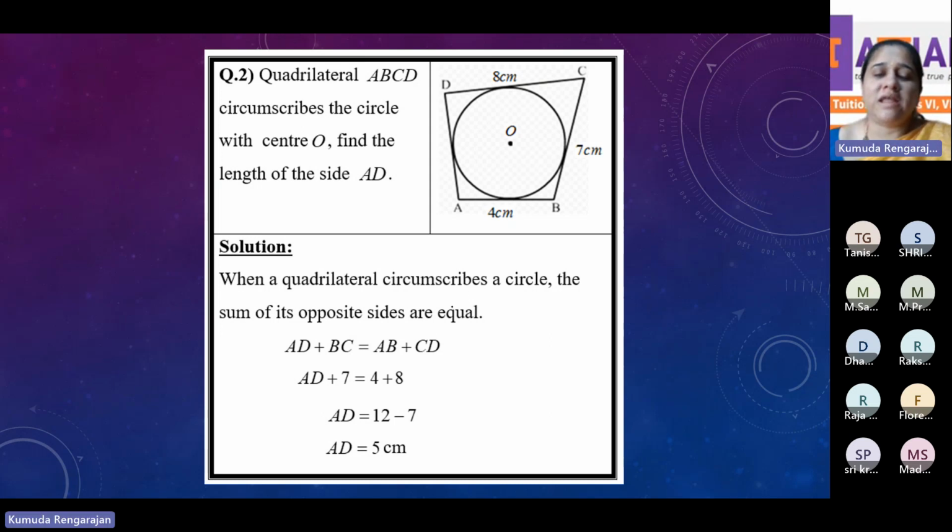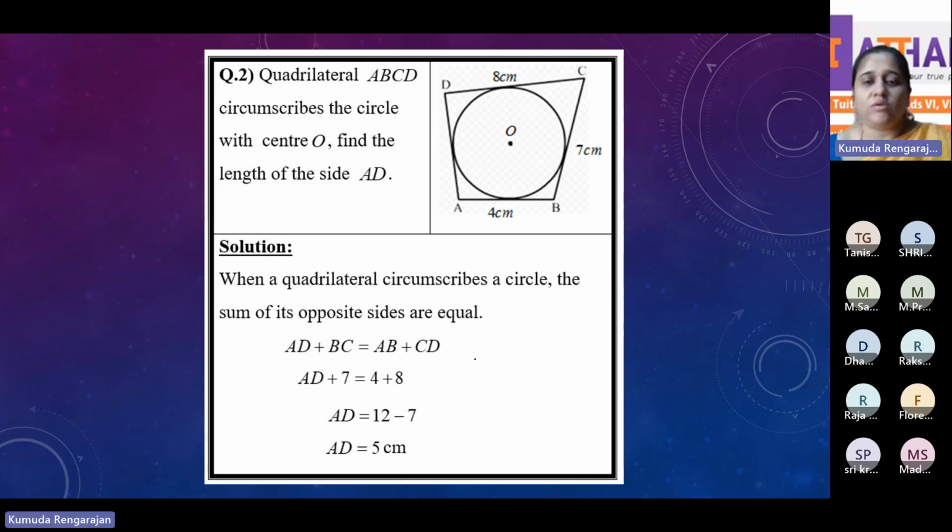Now we know the lengths of 3 out of 4 sides of the quadrilateral. How do we find the length of the missing side? So this is the result. In a situation like this, the sum of the opposite sides will be equal. AD plus BC is equal to AB plus CD. So substitute the given sides and find the unknown.